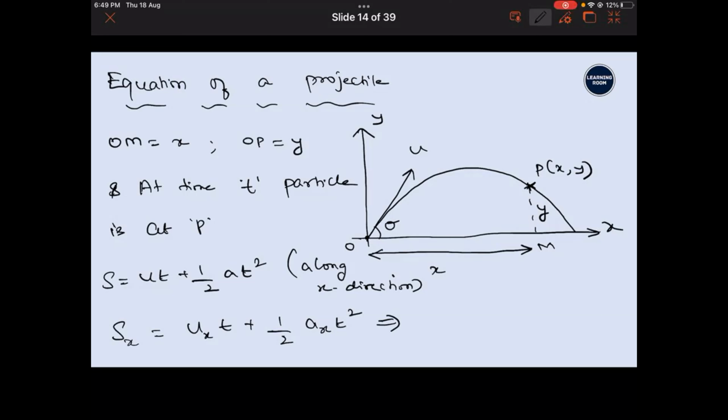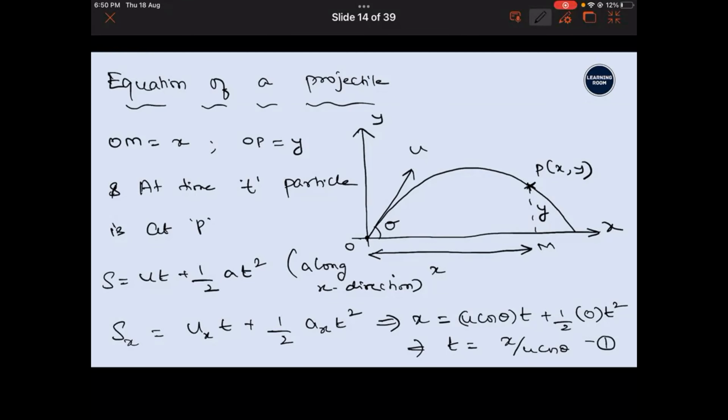What is the displacement? It's there in front of your eyes. It is x. X is equal to, what was the initial velocity that you gave? Check the table. u cos theta into t, plus half into acceleration along x direction, which is 0, t square, which implies t will be equal to x divided by u cos theta.